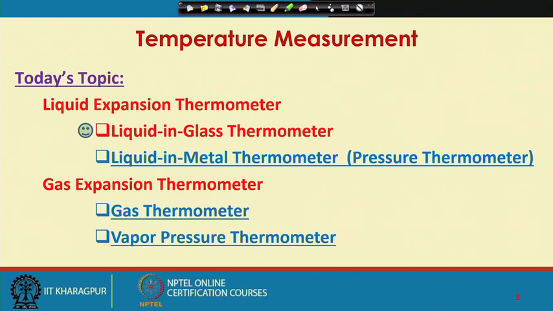We will also talk about gas expansion thermometers, under which we will talk about gas thermometers or constant volume gas thermometer and vapor pressure thermometer. That will complete our discussion on temperature measuring instruments based on thermal expansion methods.